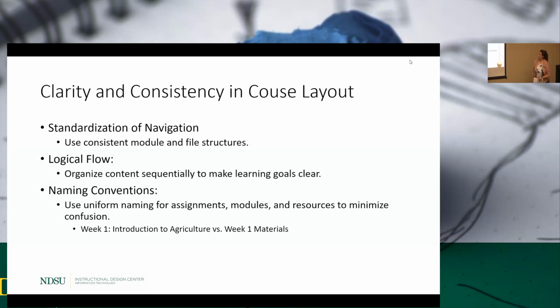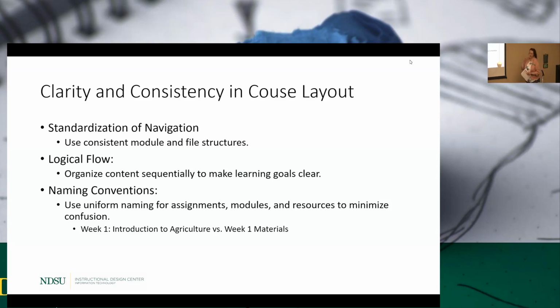So the first thing is clarity and consistency in course layout. This is a real big one for students. You really want to reduce that cognitive load. What do you want your students focusing on in your course? Learning, right? We don't want them to have to try to find stuff in Blackboard. You want them to focus on making those connections and learning.